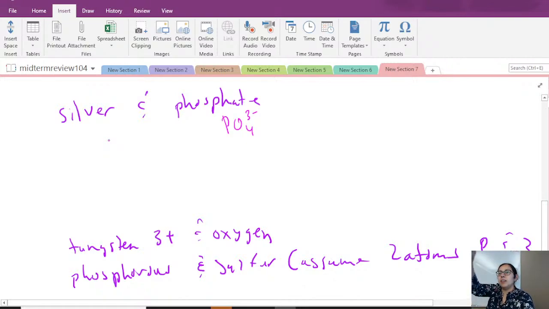Because silver is in with our transition metals, but then we said something special about it. What are our thoughts? Is it has a +1 charge? Yeah, and so, right, silver always has a +1 charge.